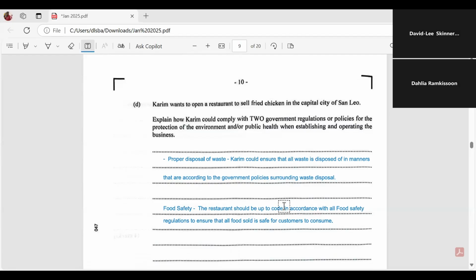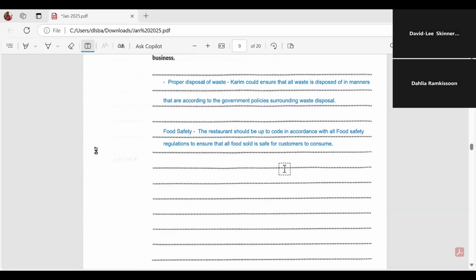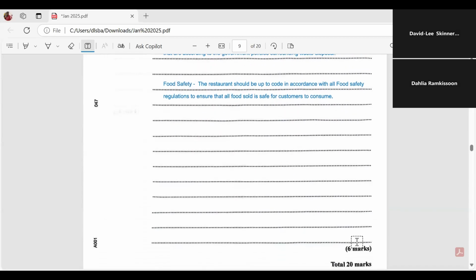I say preparing food for the public, for people to consume, you have to make sure that it's safe, right? All right, so I covered both bases. I wrote a lecture explaining it because they asked explain, and it was for 6 marks.